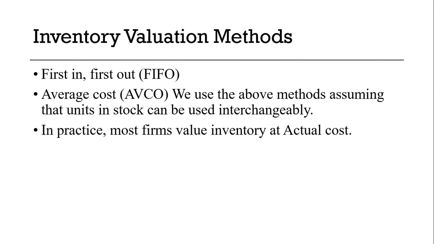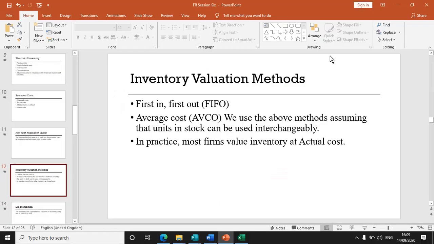Right, so in our standard IAS 2, only two inventory valuation methods are encouraged: first in, first out. FIFO: inventory should be valued on a first in, first out basis. Average cost, we use the above method assuming, of course, stock is used interchangeably.